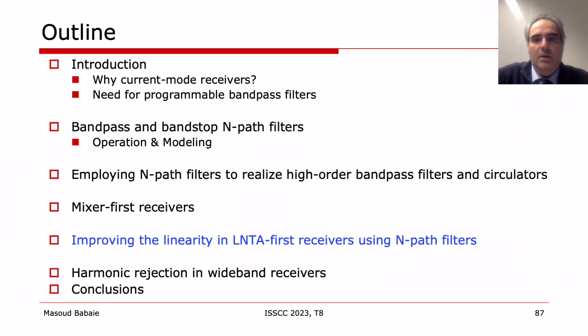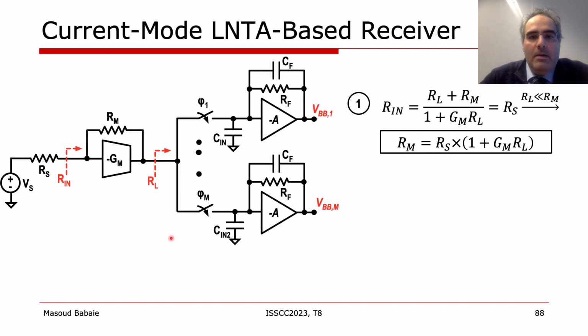Next, I talk about the role of N-pass filters in improving the linearity of LNTA-based receivers. This slide shows the schematic of a conventional current mode receiver consisting of a transconductance with the feedback resistor of Rm, passive mixers driven by M non-overlapping clock phases, and M first-order transimpedance amplifiers.